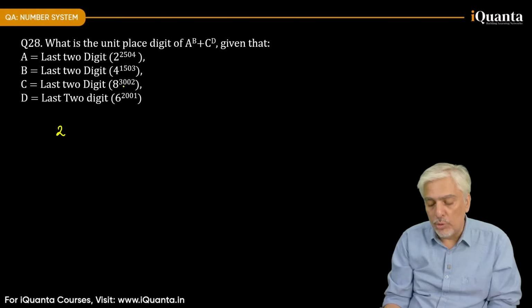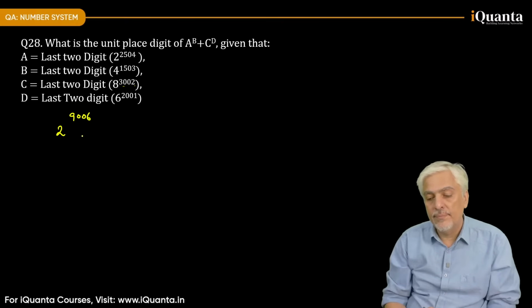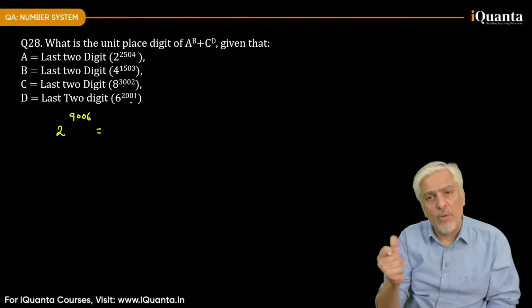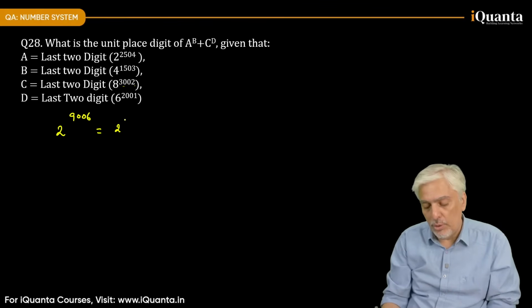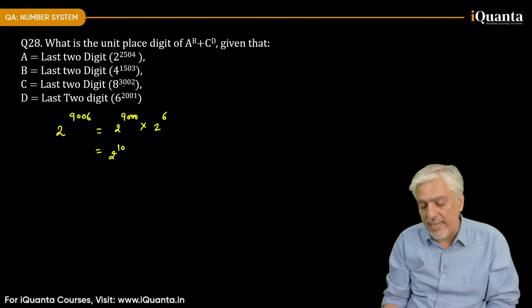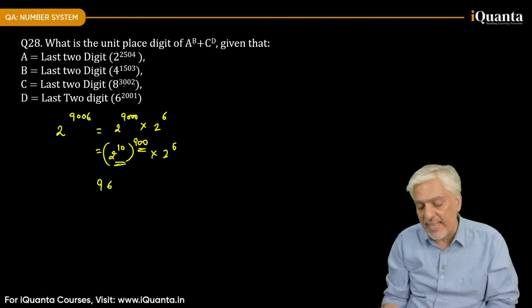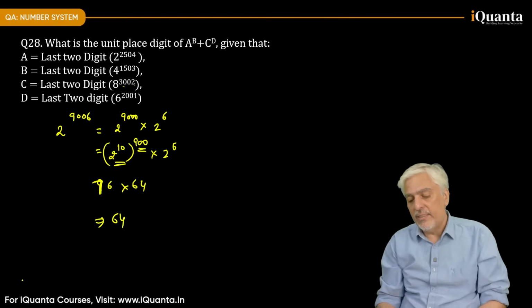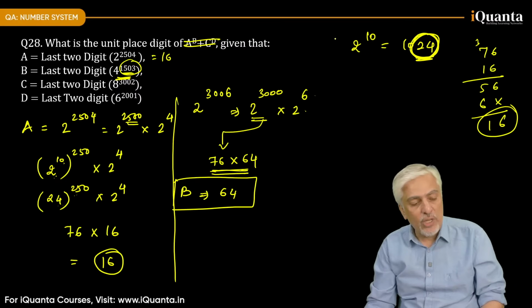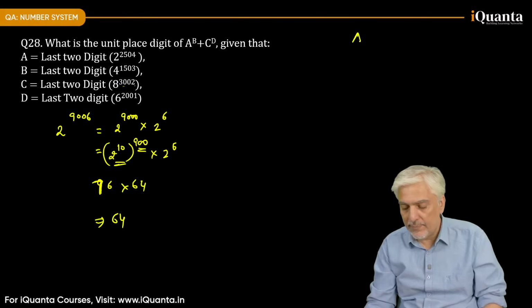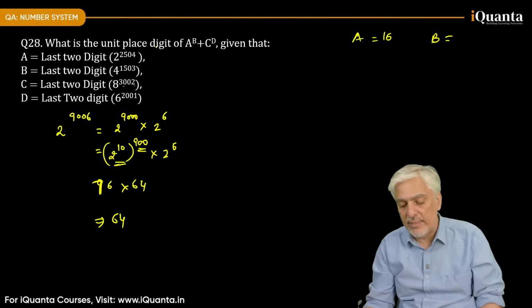So this will become 2 raised to 9006. सेम, ये बड़ा बहुत फटाफट होएगा. देखो सेम रिपीट हो रहा है. 2 raised to 9000 multiplied by 2 raised to 6. 2 raised to 10 raised to 900. 24 raised to even 76. 76 into 64 will end in 64. Same repeat hai. So what all did we get for A, B, C, D? A we got 16. How much did we get for B? Somebody remembers? 64 and C also 64.